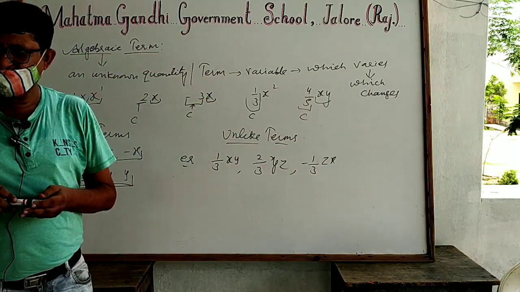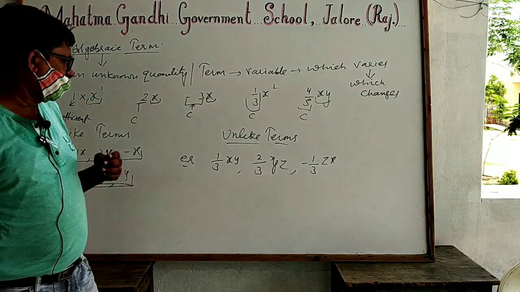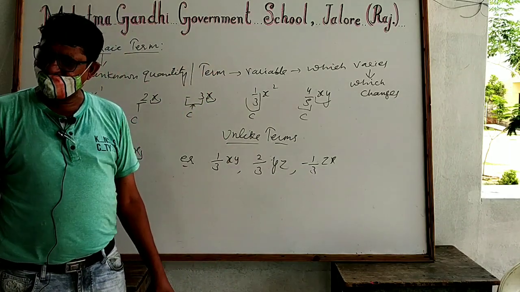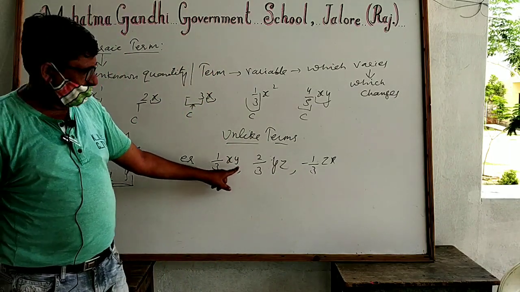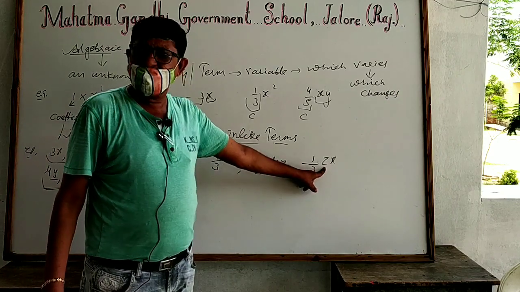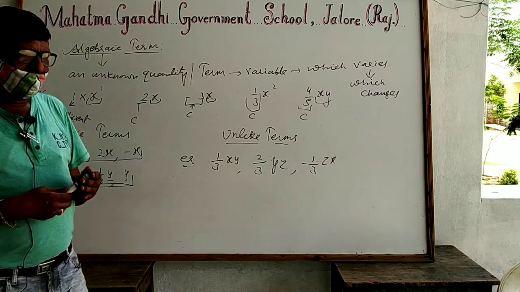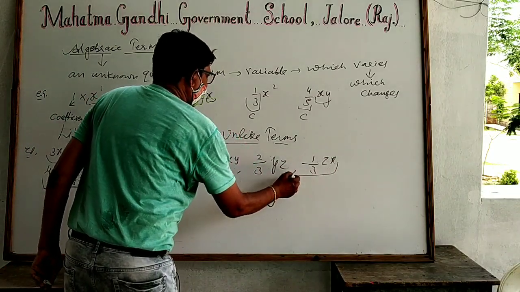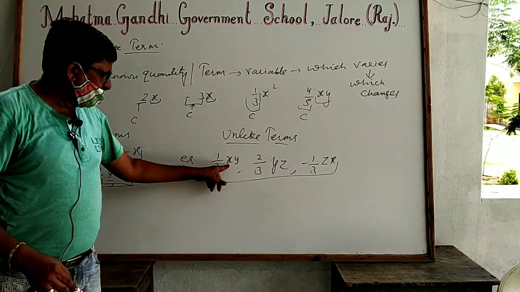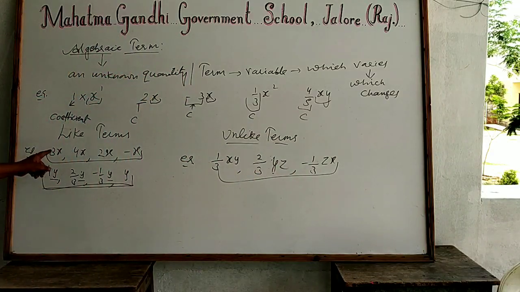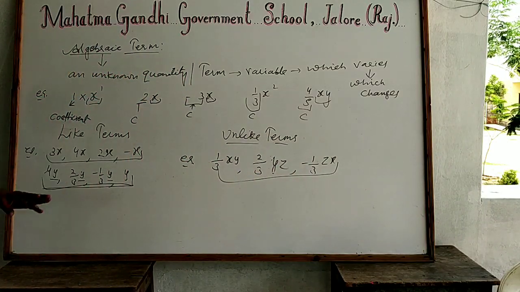What can you note? You can note that among all of these three, the variables are different. Here it is xy, here it is yz, here it is zx. The coefficients are different, the variables are different, so all of these terms are unlike.